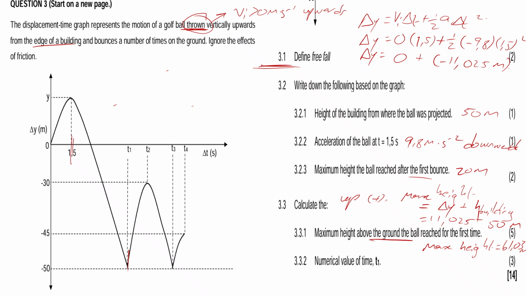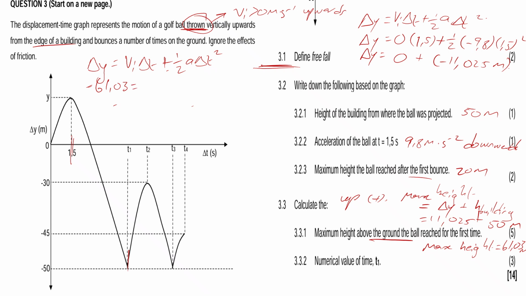To do that we use the same formula, delta y equals vi delta t plus one half a delta t squared. Remember downwards is negative, so delta y is negative 61.03.